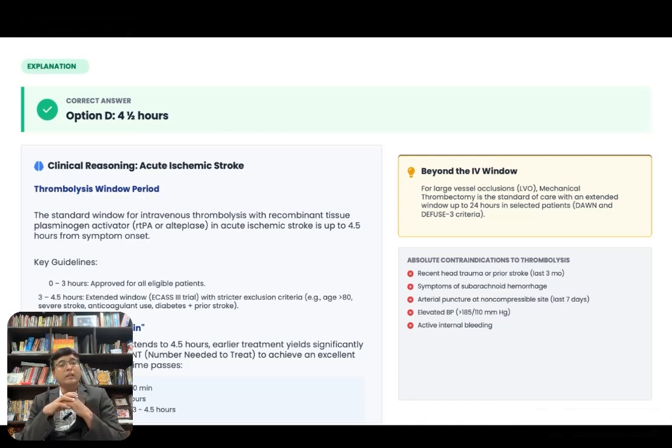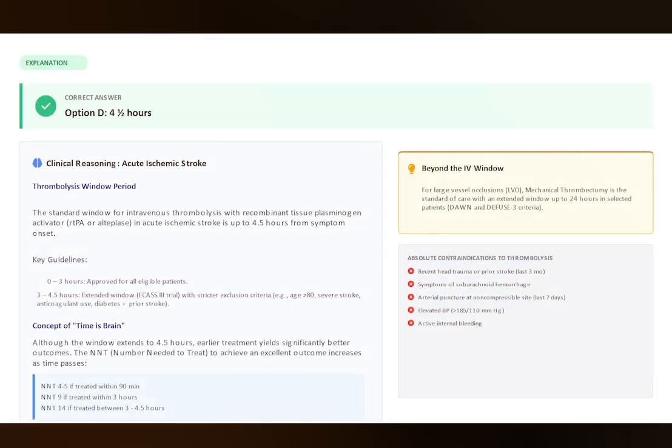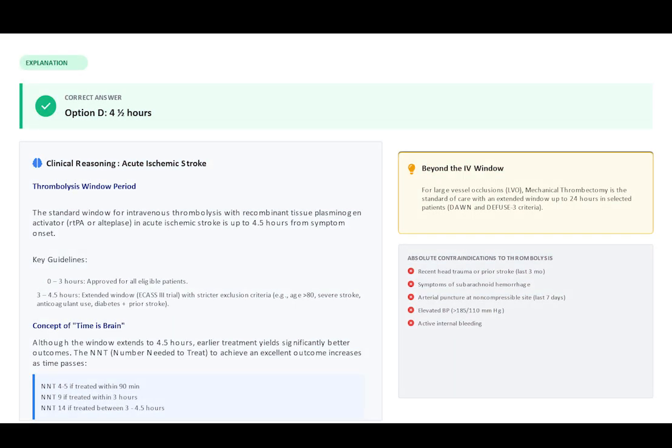And another interesting thing, that is the ischemic penumbra. What is ischemic penumbra? It is the area of the brain which is ischemic but reversibly dysfunctional, and this area is surrounded by the core area of infarction.